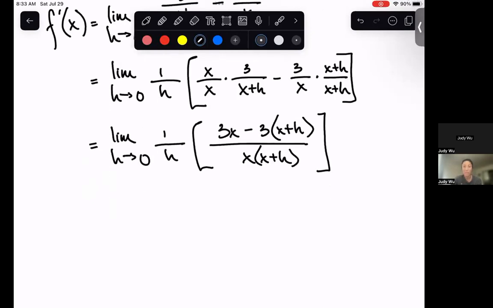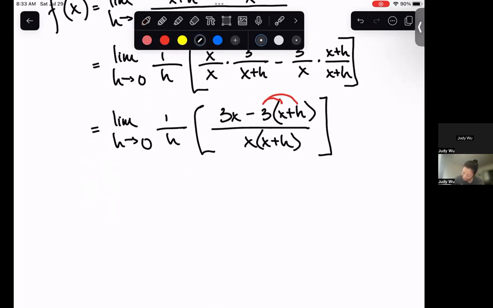All right, so I've combined my fractions, and now I want to be really careful that I distribute this -3 to the x plus h. And so I know it's kind of boring, but yes, every single time you've got to write the limit as h approaches 0. If you don't write that, it means you've used it already, and I don't think we've used it yet.